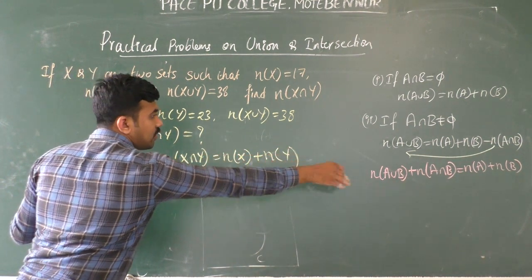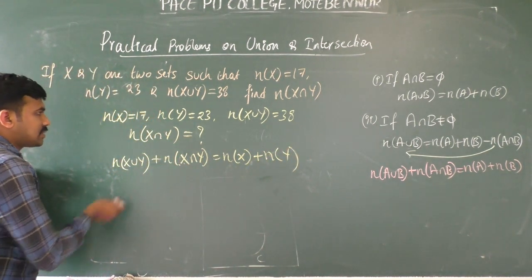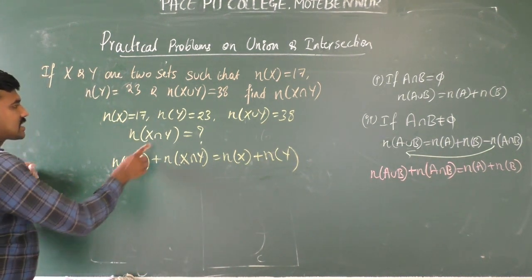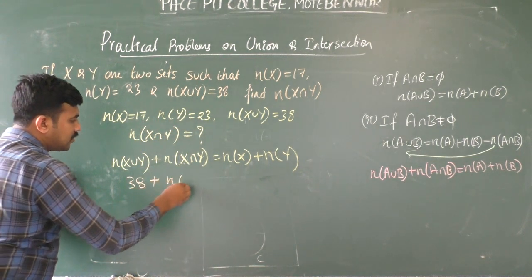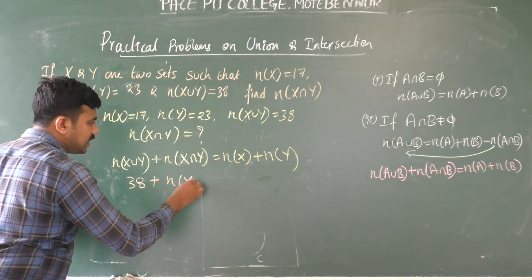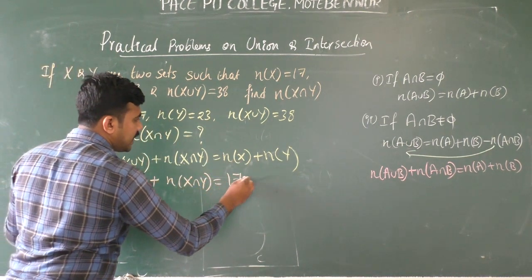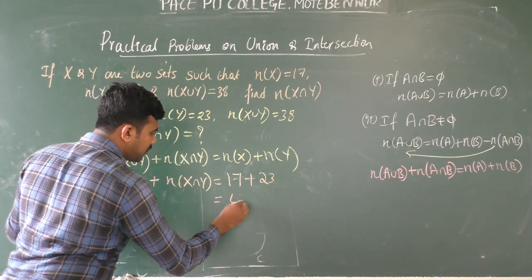See, in the second formula I have just written x and y in place of A and B. Now substitute the values given. n of x union y is 38, plus n of x intersection y, which is unknown. n of x is 17, n of y is 23, so 17 plus 23 is 40.